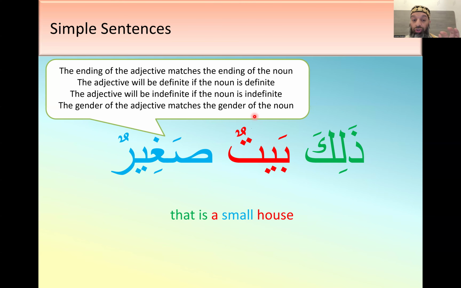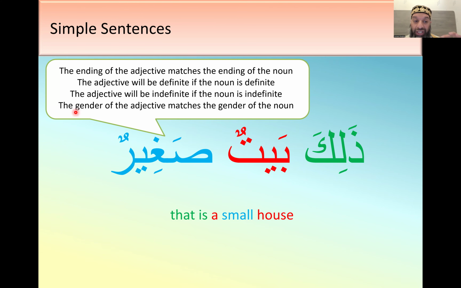The descriptive word is going to match it by not having an alif lam. So indefinite noun, indefinite description. If the noun ends in a double dhamma, then the adjective is also going to end in a double dhamma.